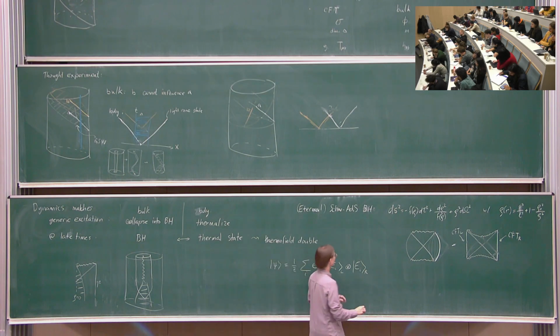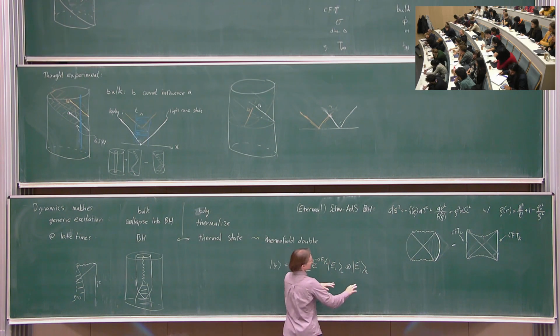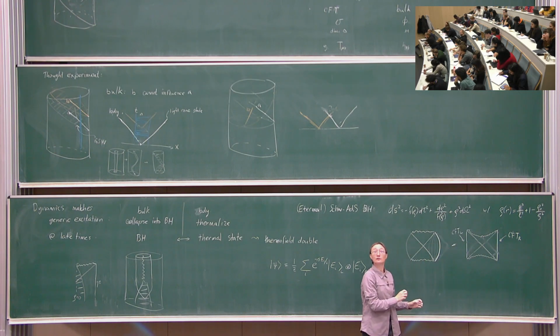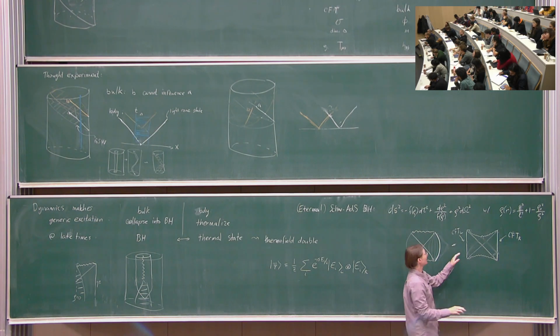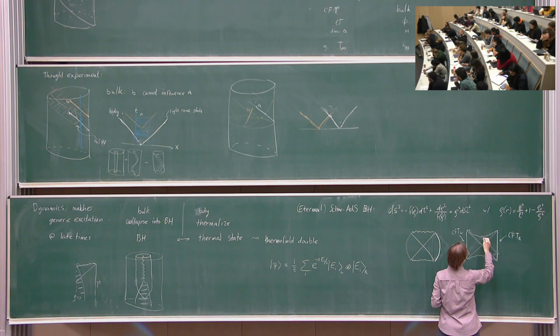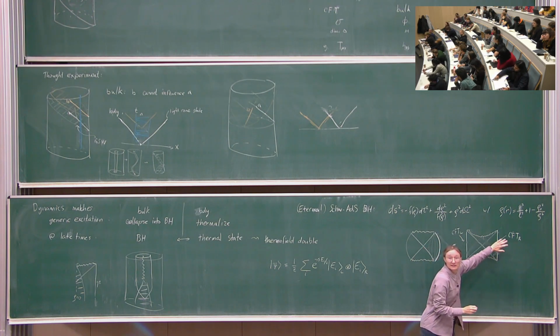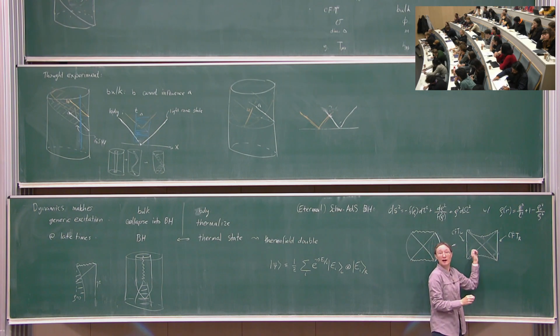So this state is entangled between the two CFTs. So the CFTs don't interact, but they're entangled, and that entanglement, in some sense, gives rise to having a bulk spacetime that's connecting up the two boundaries.